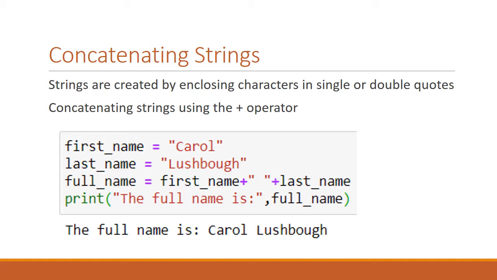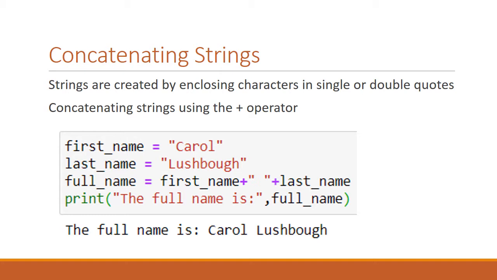So we have the variable first name, we assign it the string Carol. The variable last name, we assign it the string Lushbow. Now if we want to concatenate first name and last name, we have a variable full name and we assign it first name, use the plus operator to concatenate first name with a space.